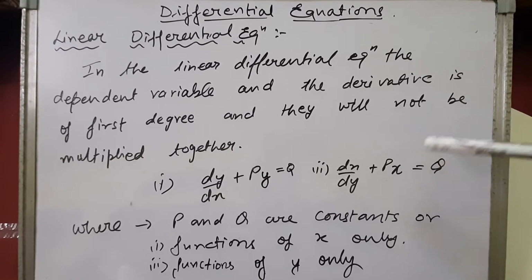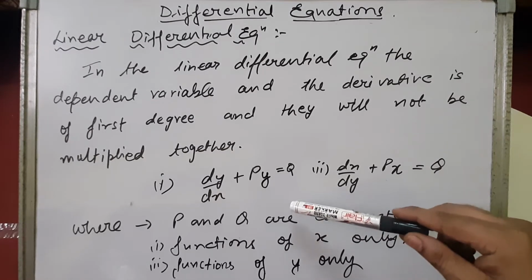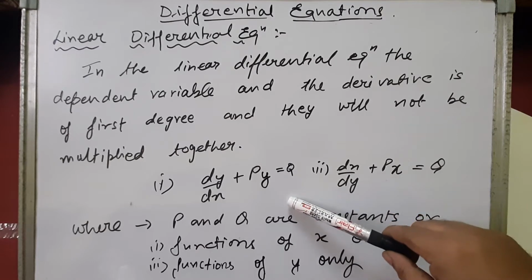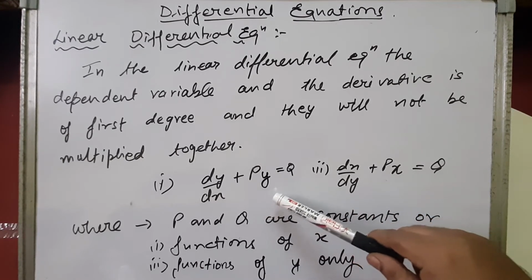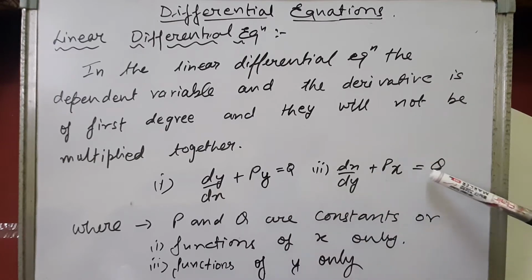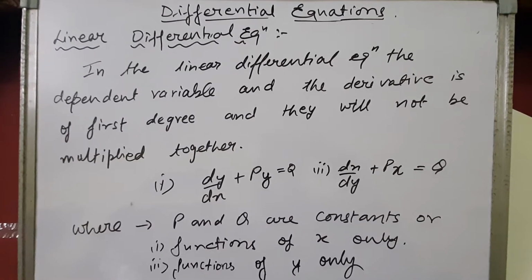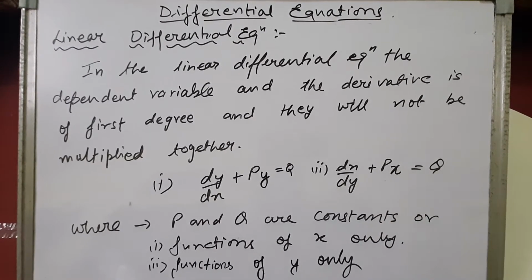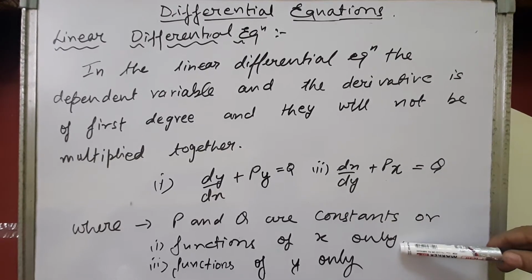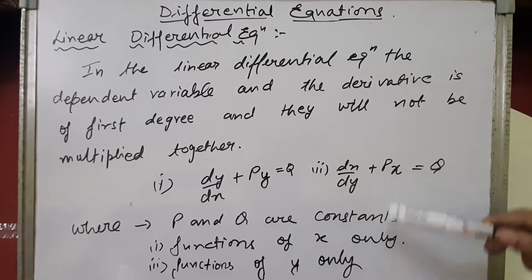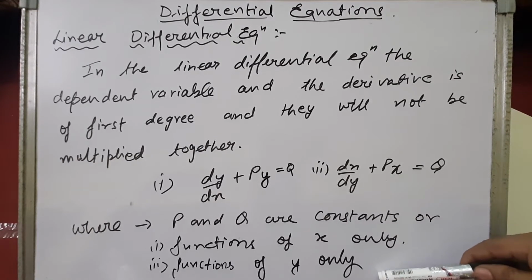Okay, so when we solve, we'll get the linear differential equation in the form of dy by dx plus py equals q. Now this is linear differential equation in y, and this is linear differential equation in x: dx upon dy plus px equals q, where p and q are constants or functions. In the first, p could be a function of x only, and in the second, p could be a function of y only.